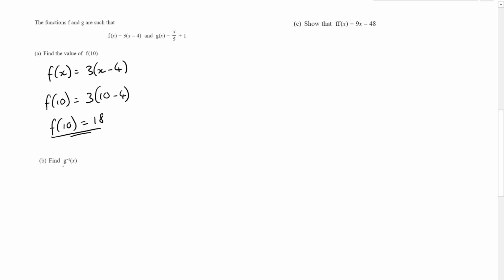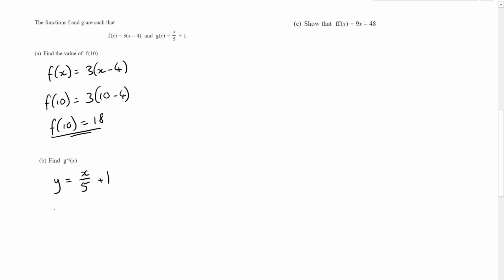They now want us to find g to the minus 1 of x. Now if you remember, g to the minus 1 of x was the same as the inverse of g of x. And the way we worked those out is we said, let's just call g of x y, and y is equal to x over 5 plus 1. Now let's rearrange to make an x equals equation, because we just want to swap the y's and x's.